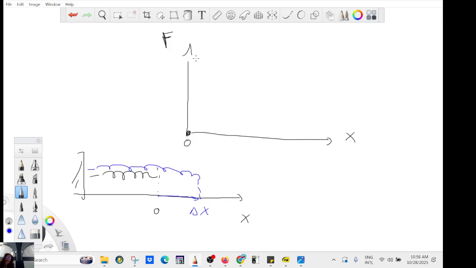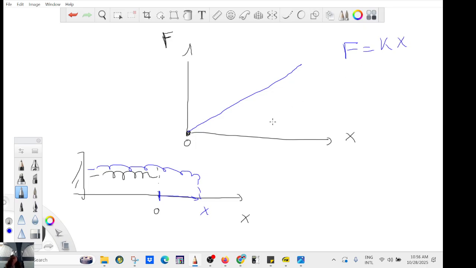It's gonna be delta X, but I'm gonna call it X here, right? Because it's on the X-axis and I start from 0. You see that the force here is gonna be proportional to X. Do you agree? In magnitude, F equals kx.